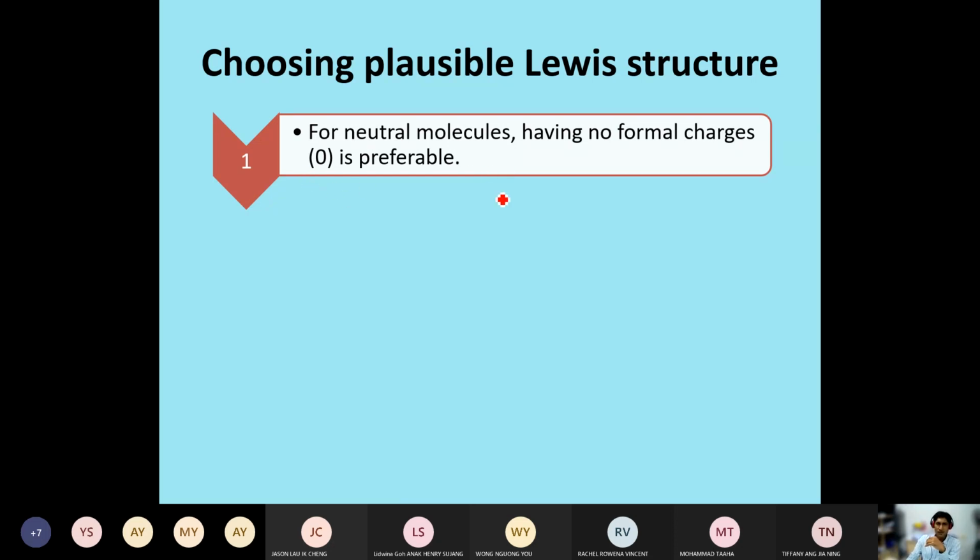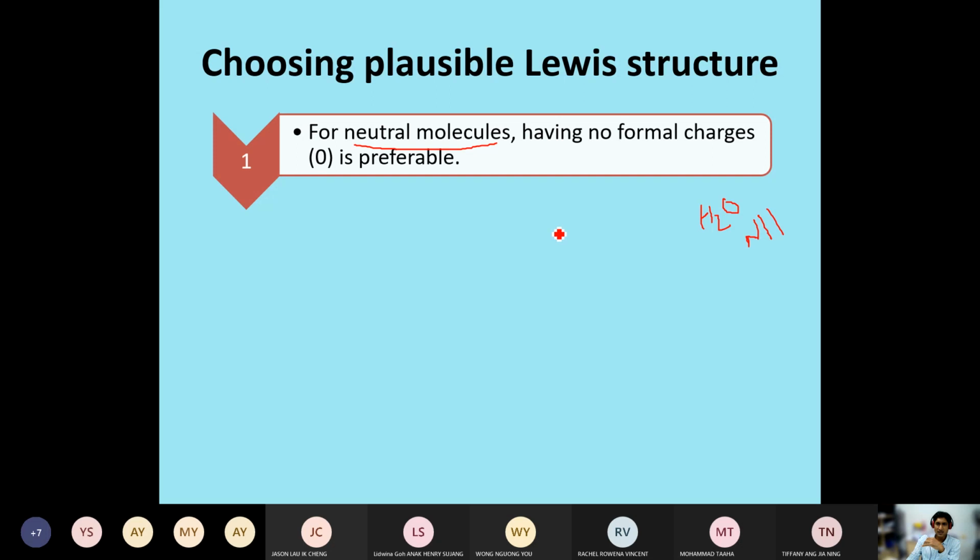Neutral molecules, when we call it a neutral molecule, that means they are not very electronegative. Okay, neutral molecule means they are not carrying any charge. So those who are not carrying any charge, that is H2O, right? It is not carrying any charge.